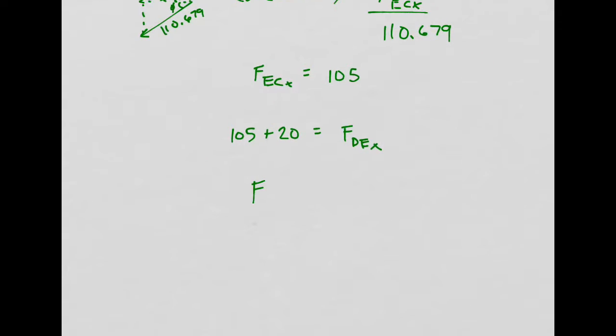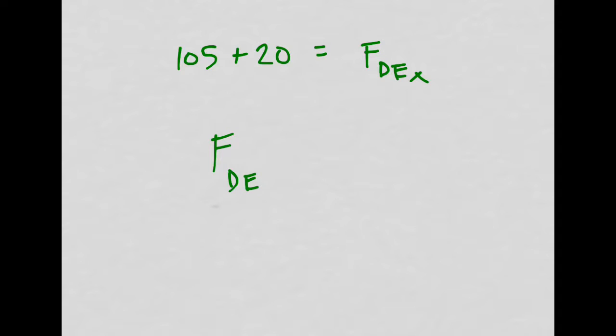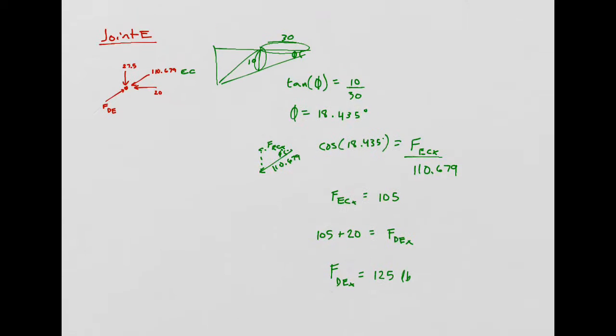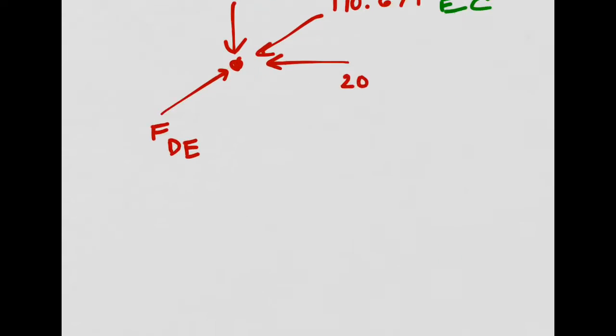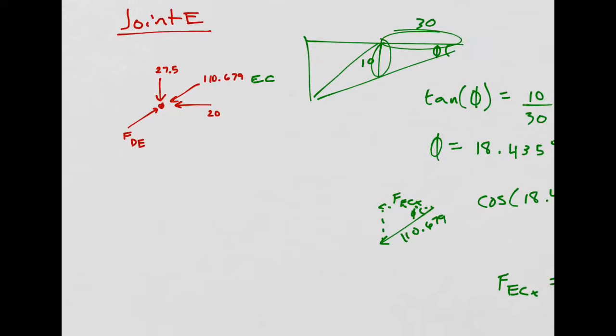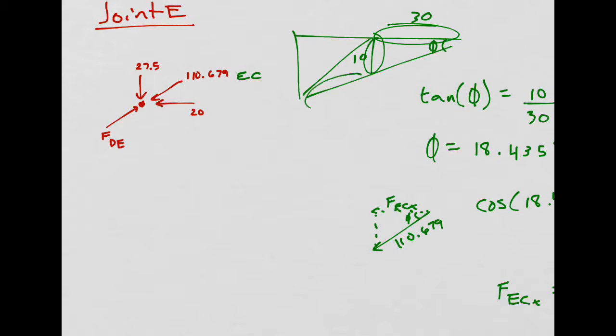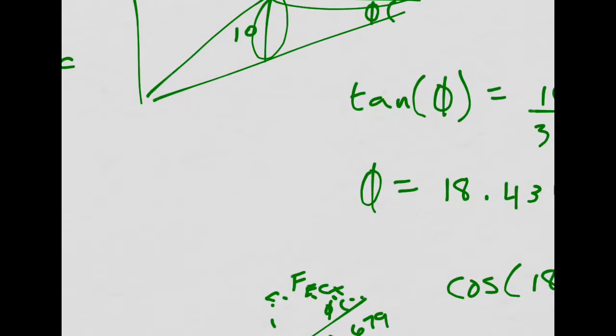So FDE in the x direction is equal to 125 pounds, but I still need FDE, not just FDEX. So it's DE, that's this one. But I have just the x component. How can I find the whole entire thing?